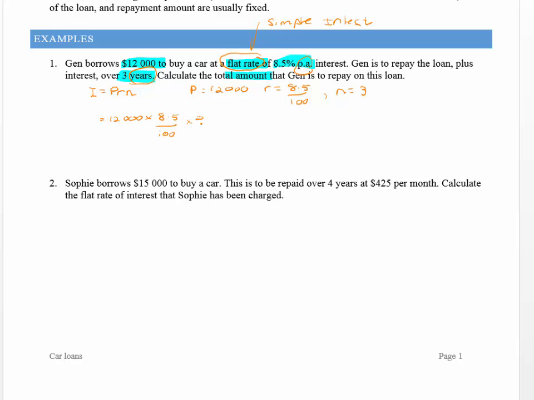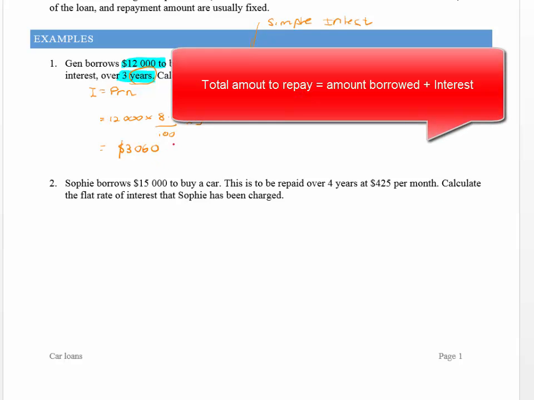Multiply that by 3, and we can pick up our calculators, and our calculators will give us an answer of $3,060. Now that is just the interest. The question is wanting me to give the total amount that Jen is to repay on this loan. So you need to remember, girls, that when you are paying back a loan, you need to pay back what you borrowed plus any interest.